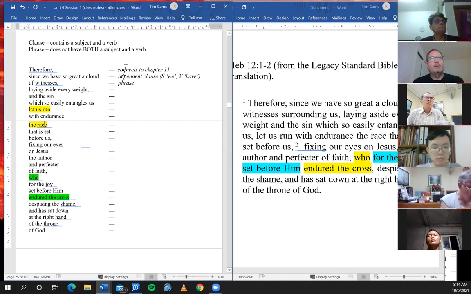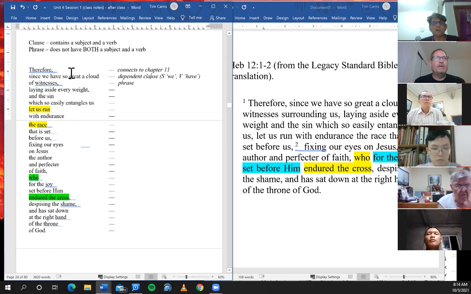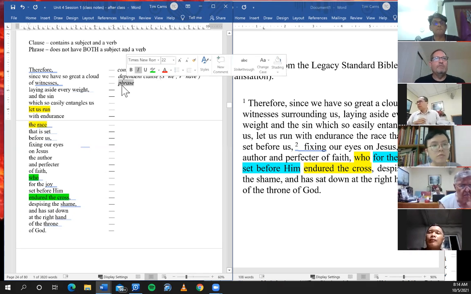And then I've given you an example here, for example, since we have so great a cloud. That's a clause because I have a verb, have, and I have a subject, we. And it's a dependent clause because it is introduced by this subordinating conjunction. So I know it's dependent on something else. It's connected to something else. Of witnesses is a phrase.